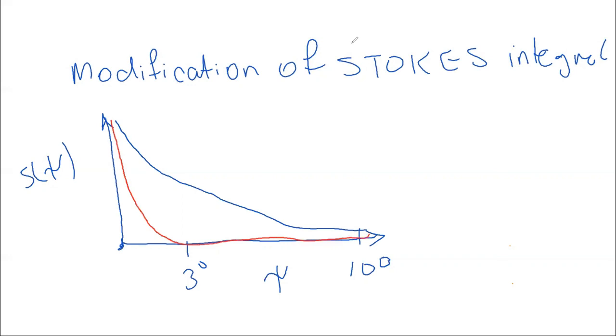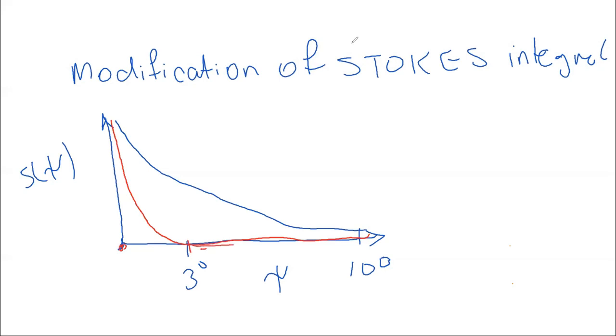It means that the kernel decays or goes down fast, so that after degree 3, it is almost 0. When you integrate the data with this kernel inside the integrand of the Stokes integral, you don't need to consider those data which are far from the center point, beyond 3 degrees.